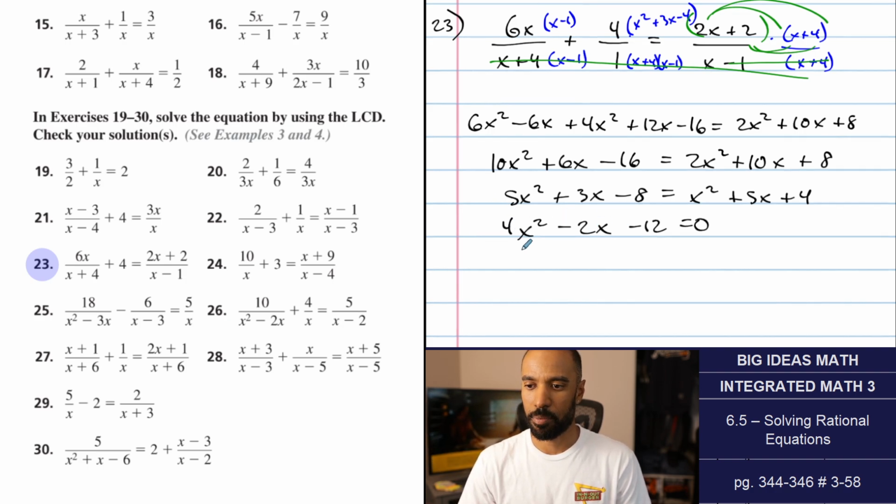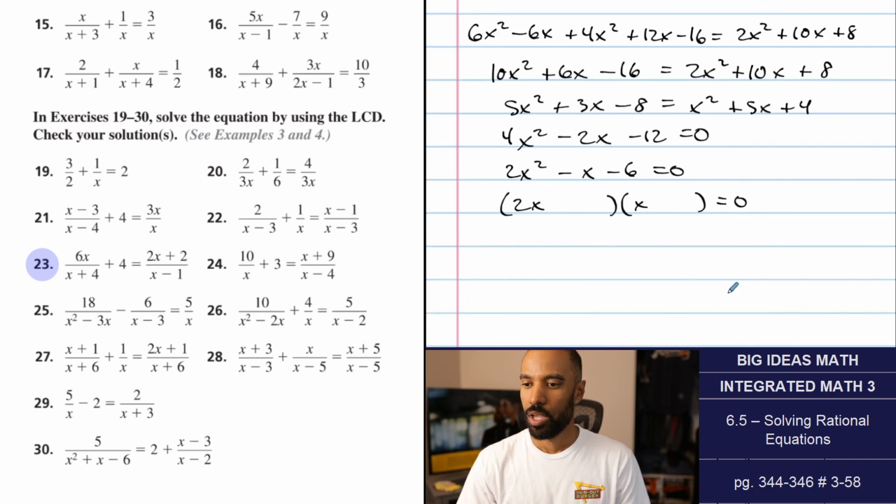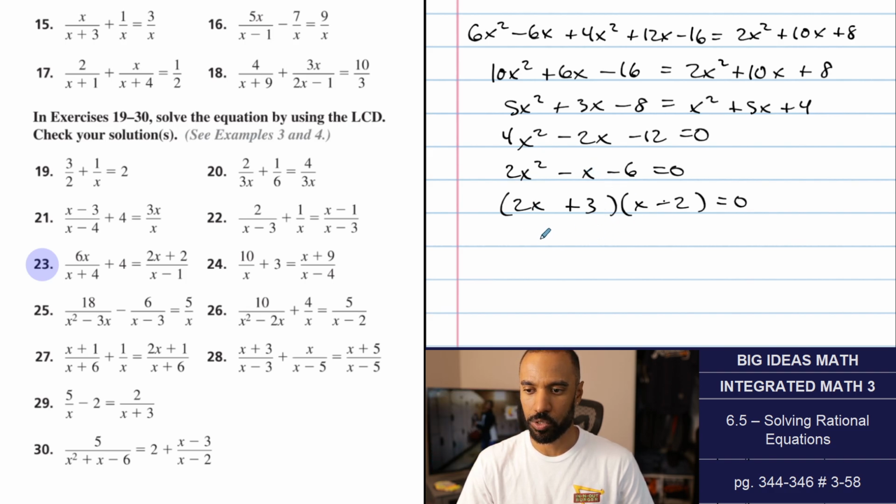Oh, I can divide by 2 again. Oh well. 2x squared minus x minus 6 equals 0. Okay. I was like, what's going on here? All right. Negative 4 plus 3 is negative 1. Okay. So this solves in 2x equals negative 3. X is negative 3 halves.